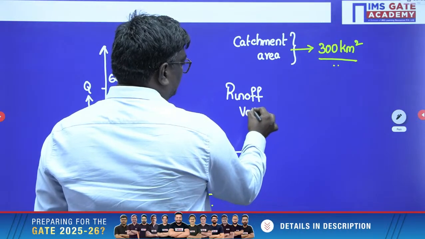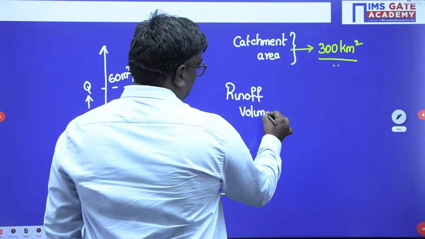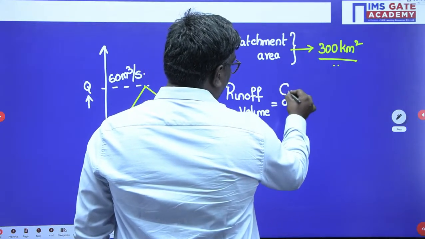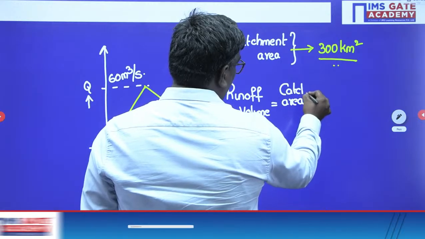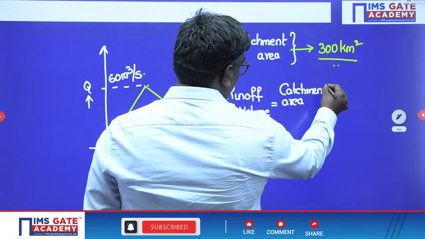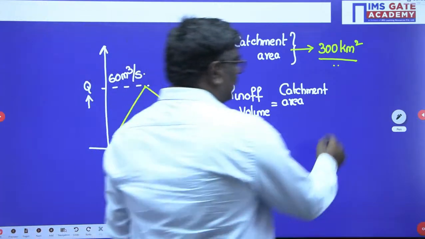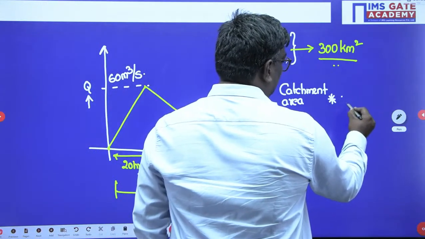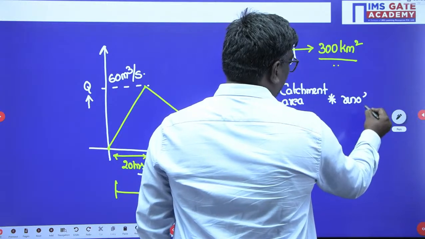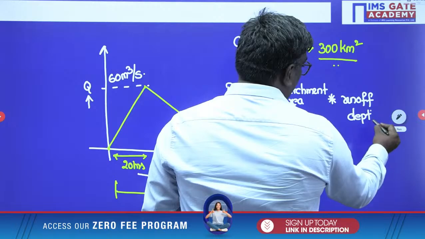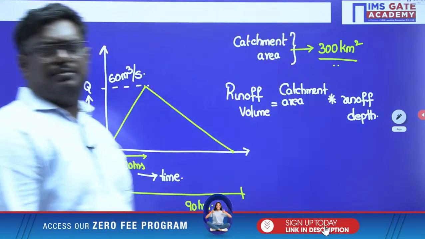runoff volume is equal to what? Catchment area into runoff depth. Yes or no?